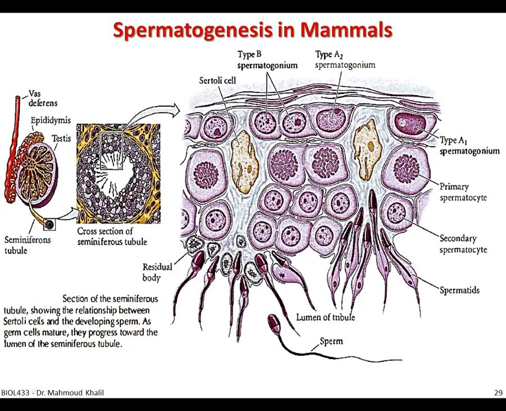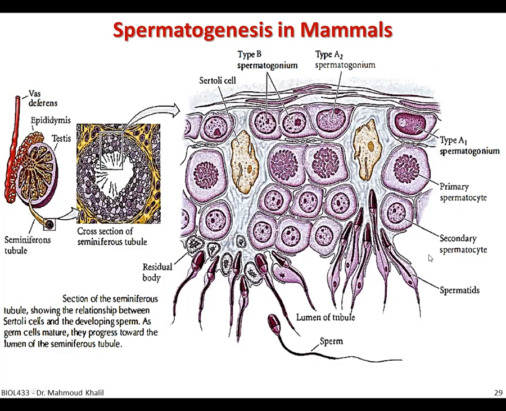If you enlarge further the wall of the seminiferous tubule, you can see the presence of type A spermatogonia, of which there are two forms, type A1 and type A2, and type B spermatogonia. Soon after that, it will differentiate into a primary spermatocyte.